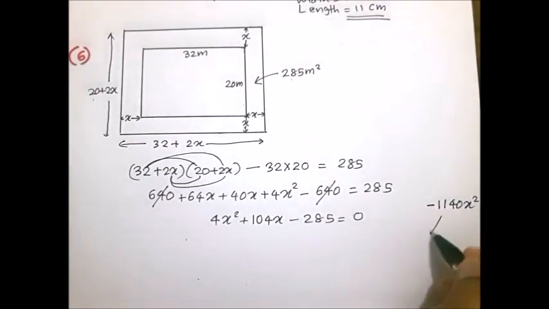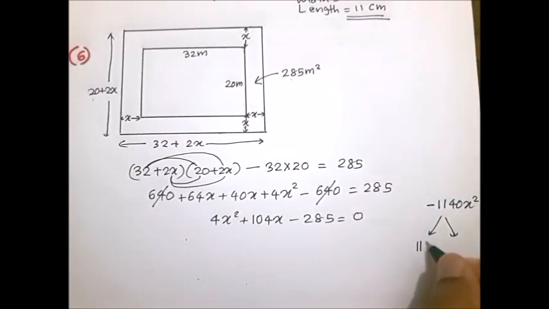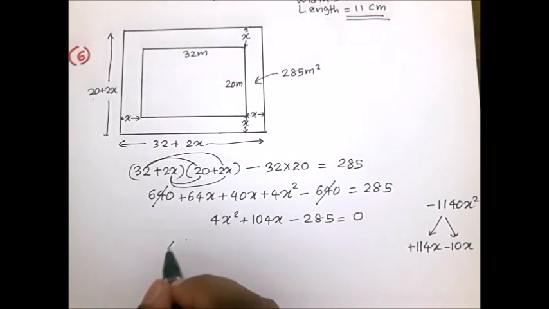Now separate this into two terms. When you multiply these two, it should be equal to this one. When you add these two, it is equal to 104. Two terms are 114x and 10x, plus and minus. Now replace these two terms for 104x.